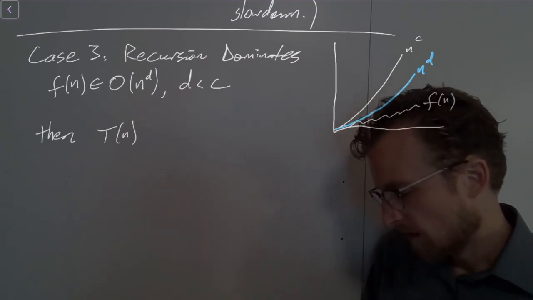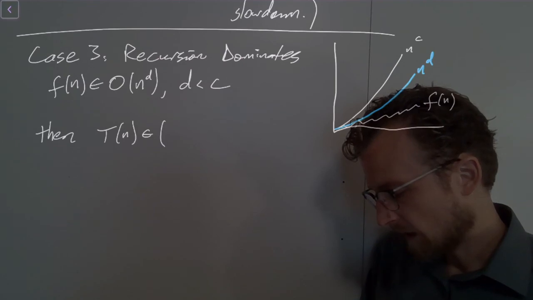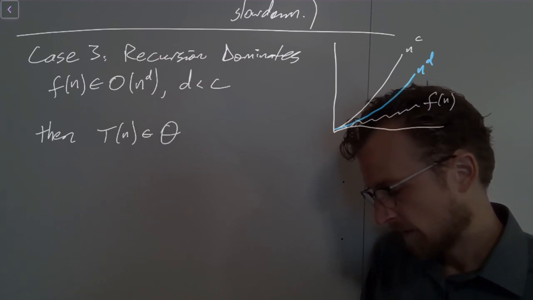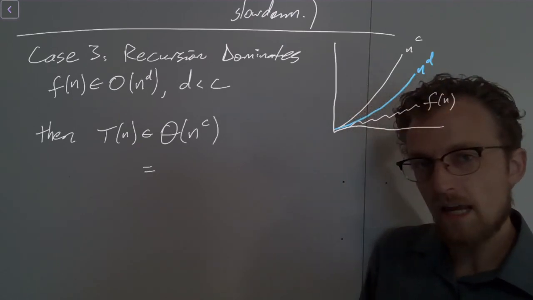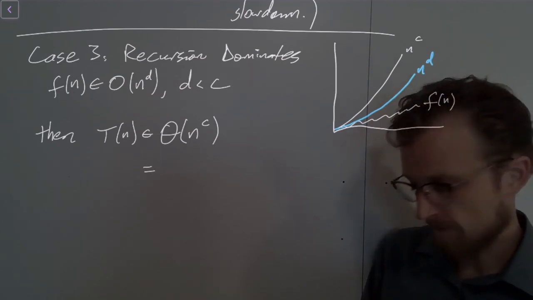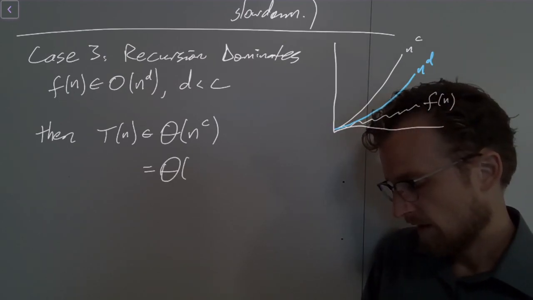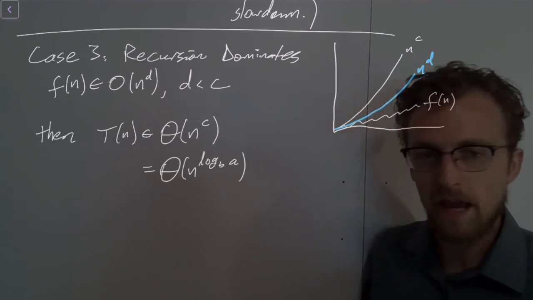But we have the following: t of n is big theta of n to the c, which is to say big theta of n to the log base b of a.